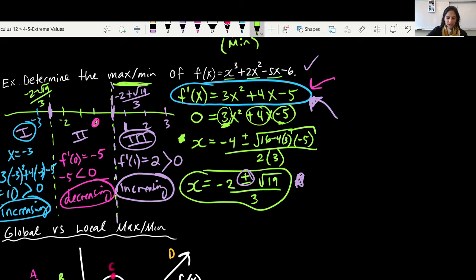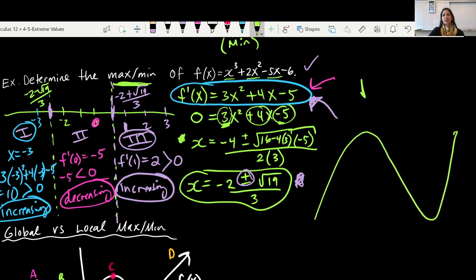So if we were to sketch this out, it's showing a slope that's increasing and then decreasing and then increasing. So I know that it's sort of showing this shape here. And on this shape here, I know that at this point, that was my critical value. So the critical value is where the slope is 0.